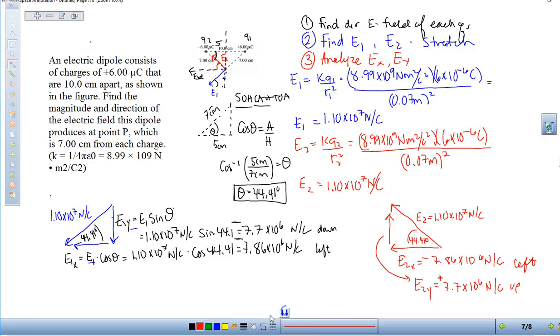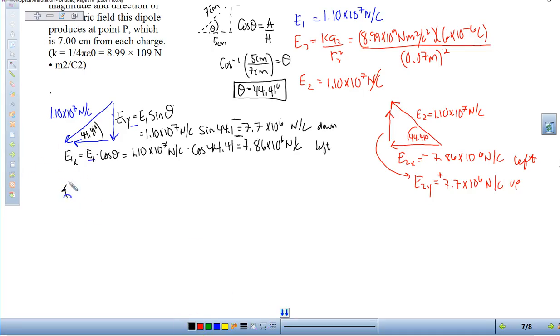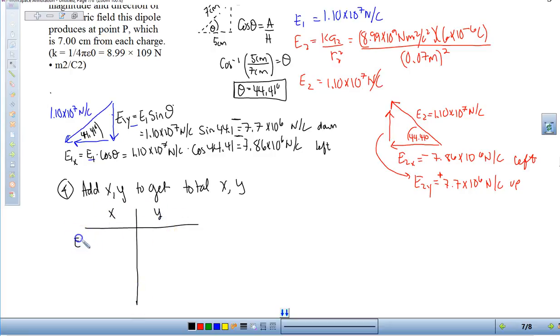Okay, now that we got our x's and y's, we add them up together to get our total. So let's go ahead and do that. Okay, my E1x is negative 7.86 times 10 to the positive 6 newtons per coulomb.